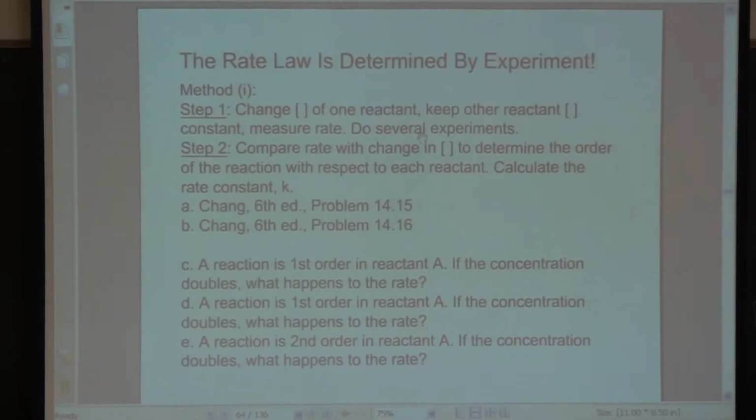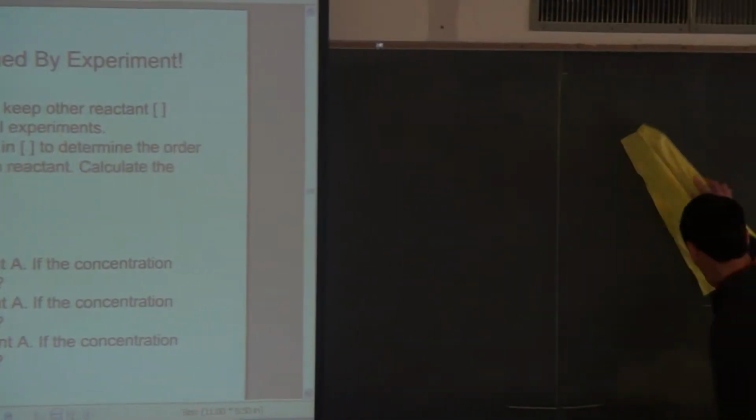And then you do several different experiments. Then in step 2, you'll compare the rate with the change in concentration to determine the order of the reaction with respect to each reactant, and then calculate the rate constant K. Let me just give you an example of how you would do this. And then we'll do a few problems from the textbook.